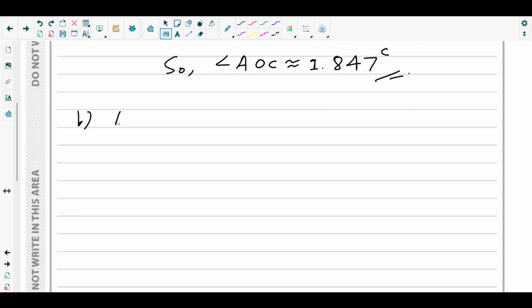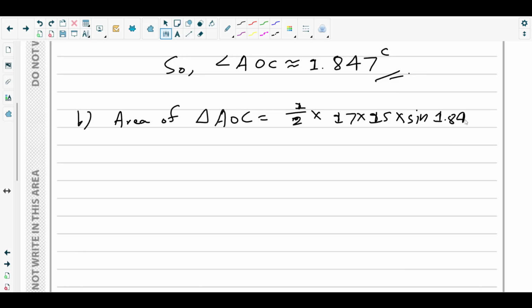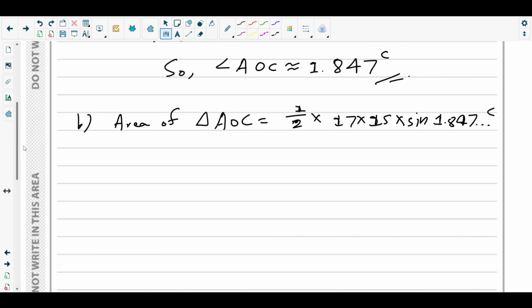Write it first. Area of triangle AOC equals half of AB, which is 17 times 15, times sine theta. Sine, we got 1.847, which is not the exact value, so use the exact figure from your calculator.